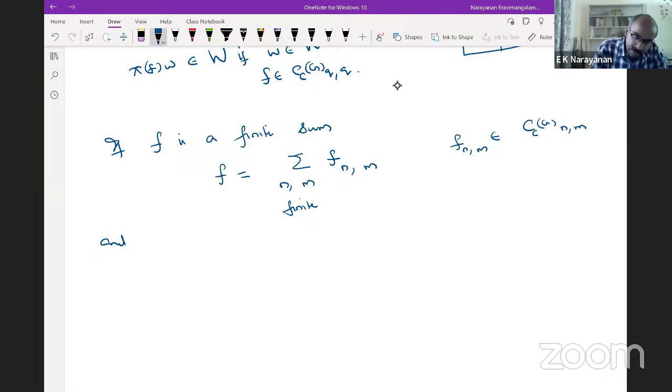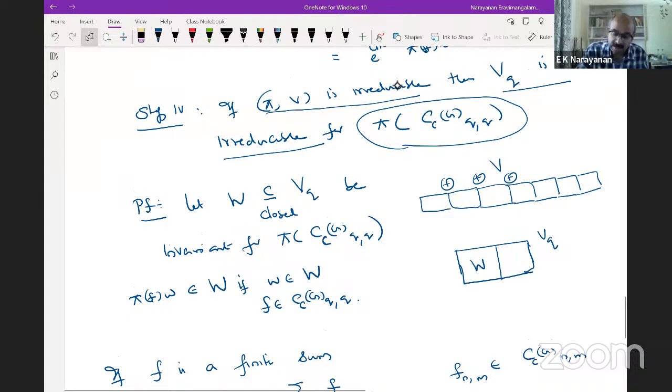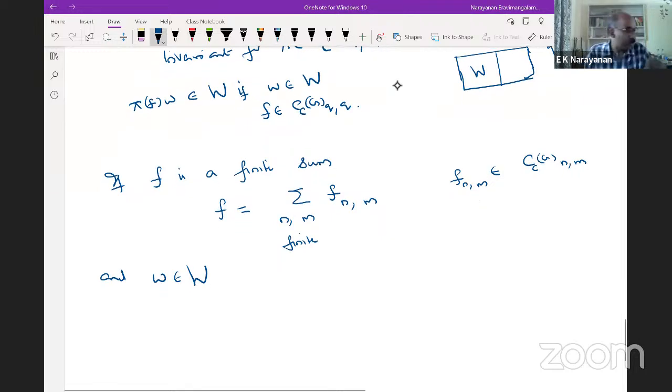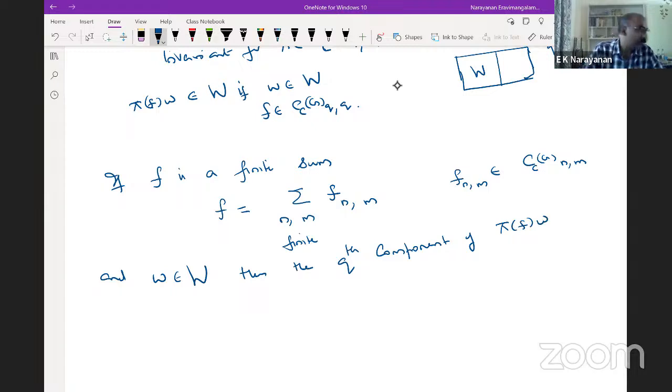And I take w in W. Remember, W is the smaller space than VQ, which is invariant under all functions coming from a certain space. Then the Qth component of pi f w is equal to pi of f QQ of w, and that will be in W.